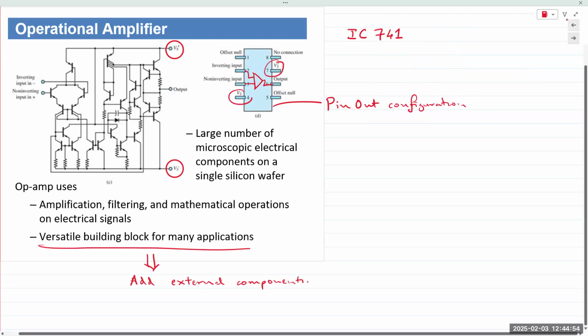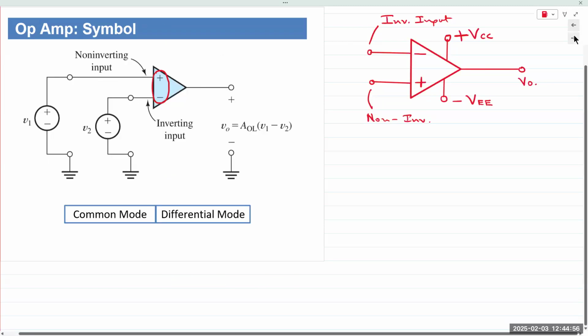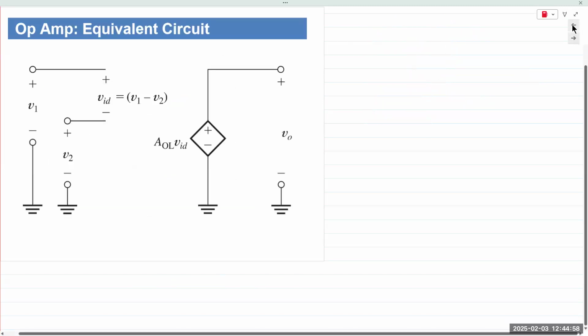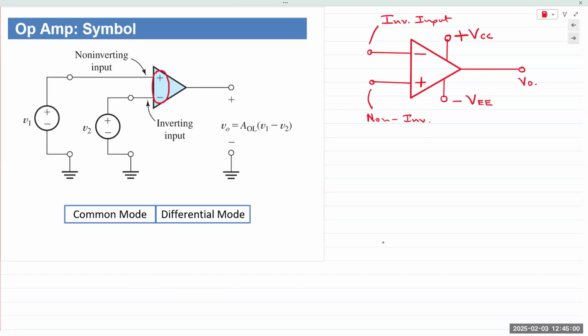Positive to 7, negative to 4. So again, whether the power supply terminals are shown or not, they are always present. If they're not shown, it's implied. Circuit cannot function without a power supply.